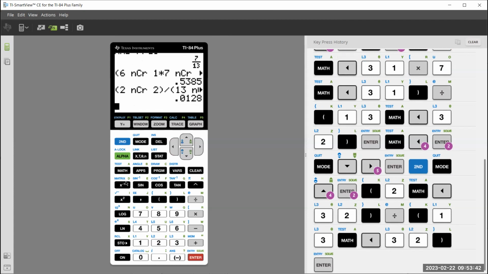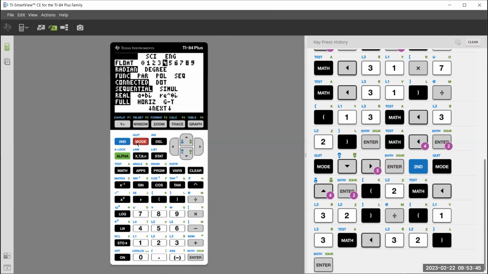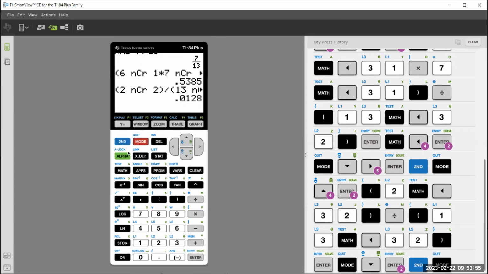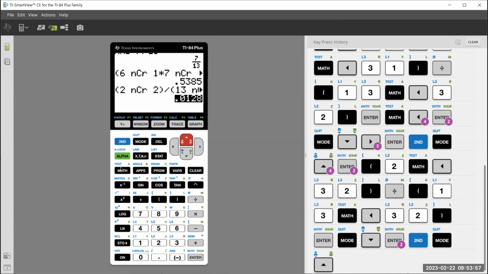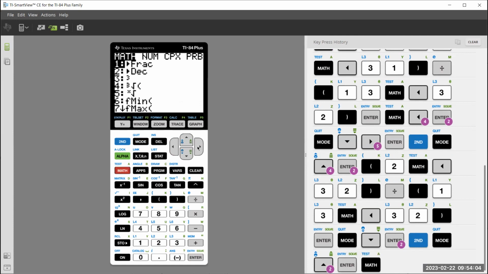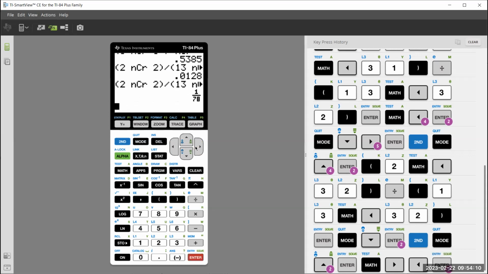I'm going to change my mode so I can get the fraction. So go to float and change it. Go to math, convert to frac, and you get 1/78.